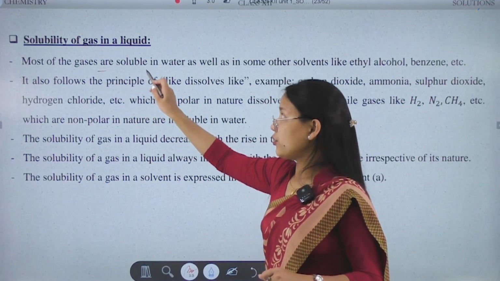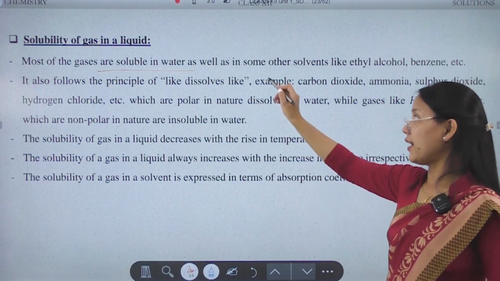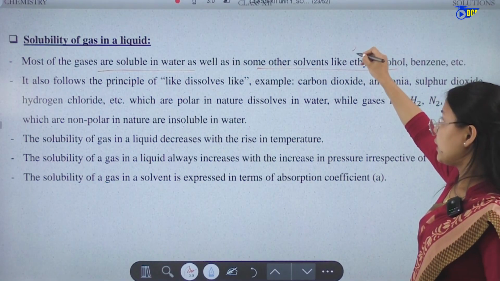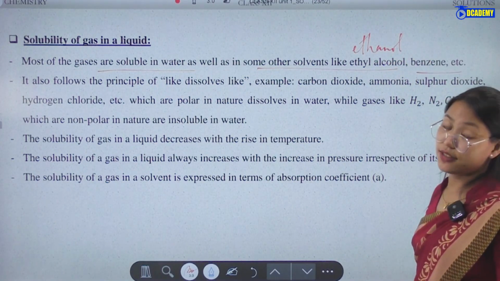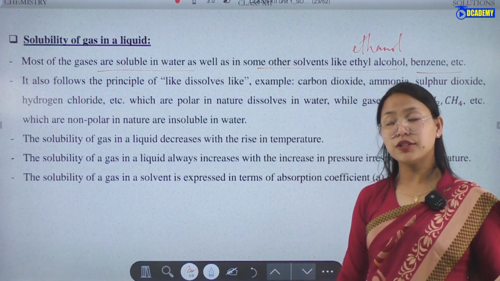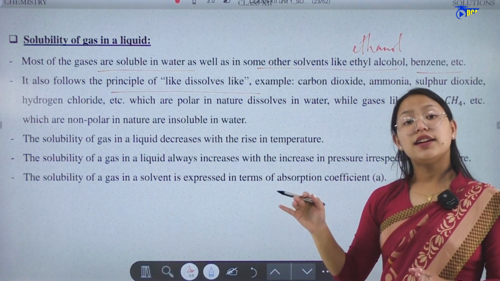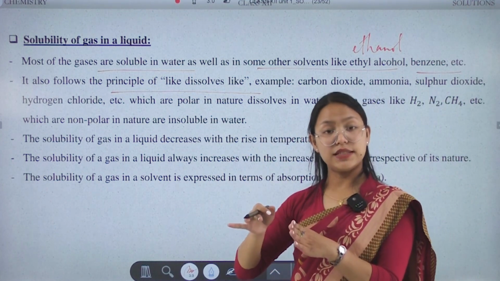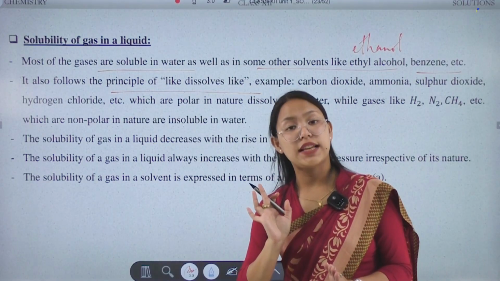Most of the gases are soluble in water, and also in some other solvents like ethyl alcohol, that is ethanol, and benzene. They always stand dissolved. It also follows the principle of like dissolves like.